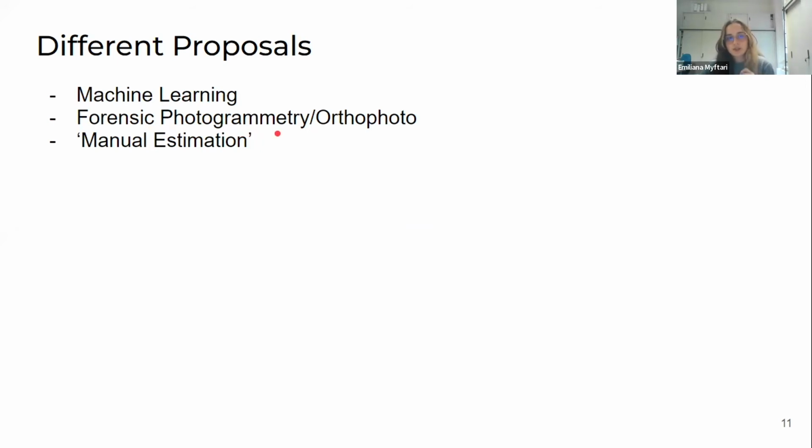But still, it was not applicable to our project because the images were completely different from the ones used in forensic photogrammetry, or as orthophotos, for example, transforming the pictures into something on which we can take measures. So we stuck to the third method, that is the manual estimation.